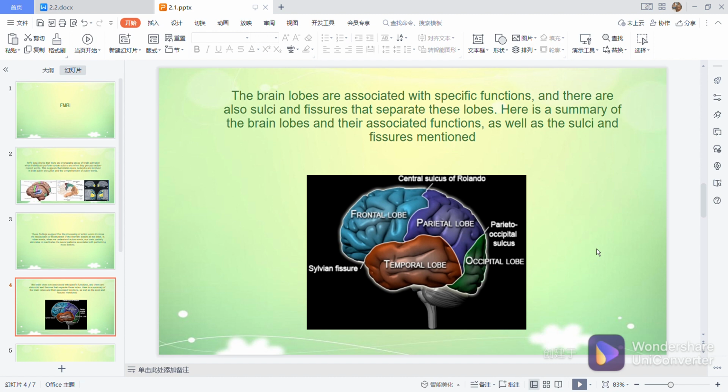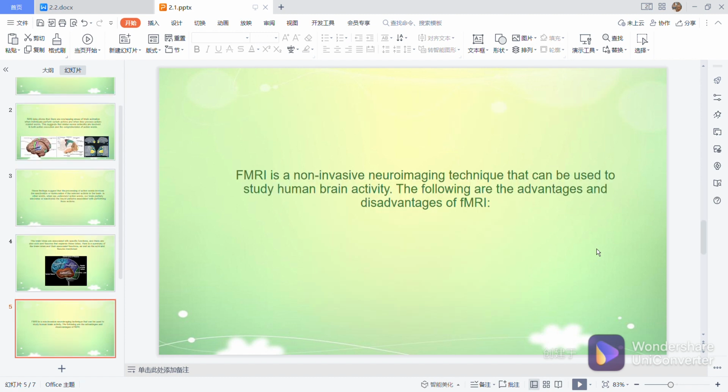fMRI is a technique that can be used to study human brain activity. The following are the advantages and the disadvantages of fMRI. It has advantages such as it has good spatial resolution and can detect the location of brain activity.